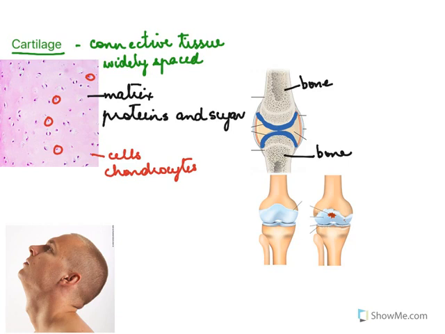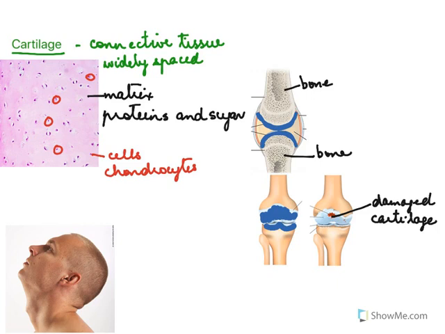Like in the next picture, you can see here is the cartilage at the end of the bone, and in the next picture, there is a damaged cartilage here. The cartilage has got worn out and damaged. Now this person who has a damaged cartilage will get hurt.